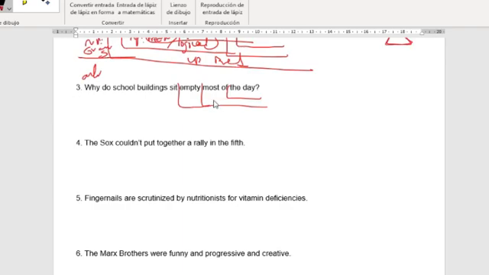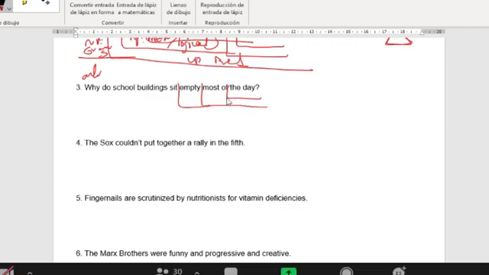Prepositional phrase, adverb of time? It's a noun phrase, adverb of time. Or adverb of frequency? What do you think? Frequency, right? I like frequency. Most of the day, adverb of frequency.